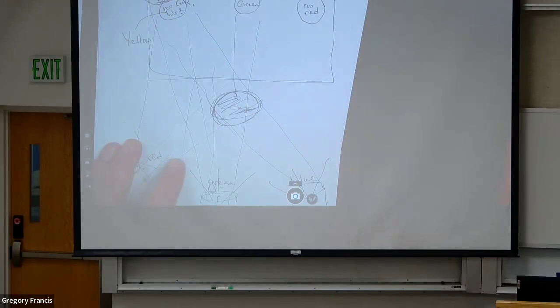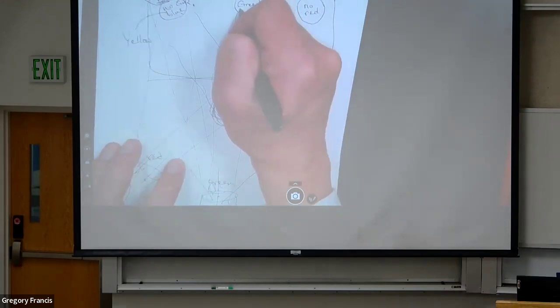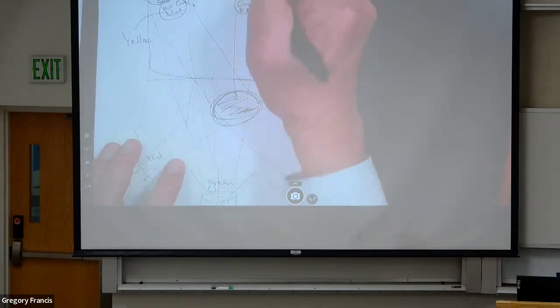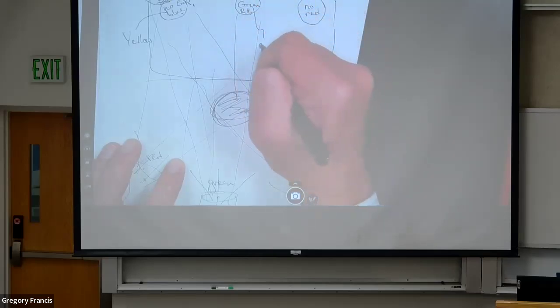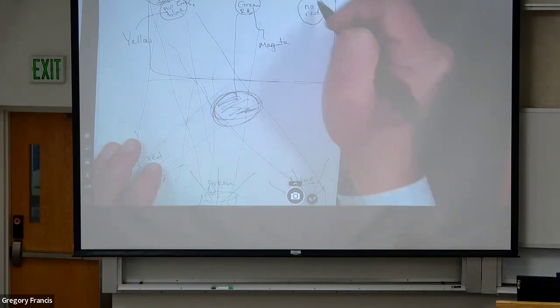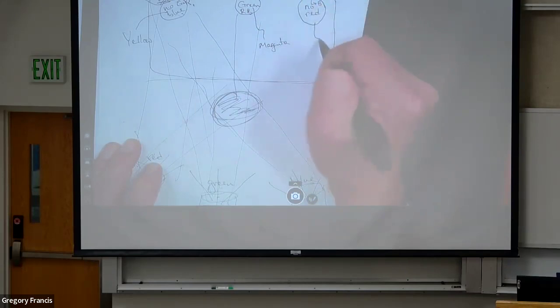So far, so good. This one is going to have red and blue, and so it's going to be, again, I can't go up, I gotta go down, magenta shadow. And this one is going to get green and blue, and so it's going to be a cyan shadow.